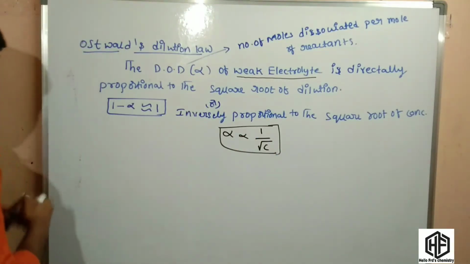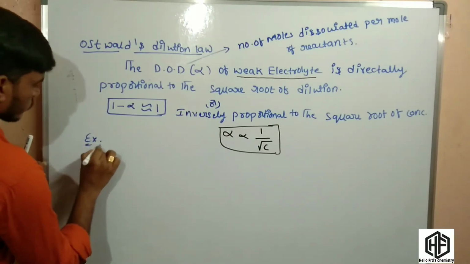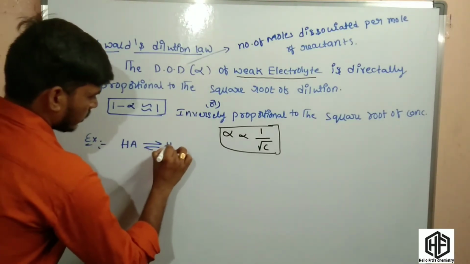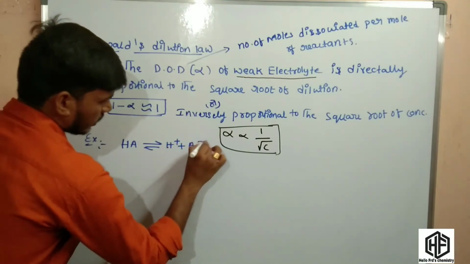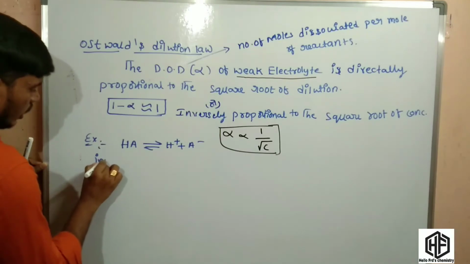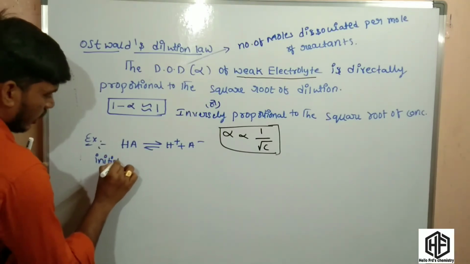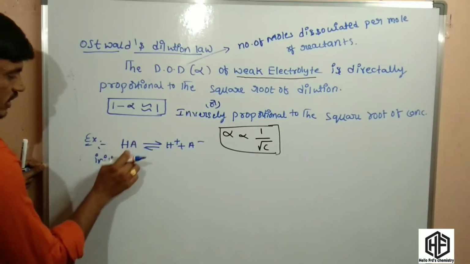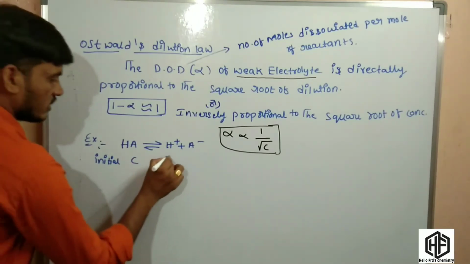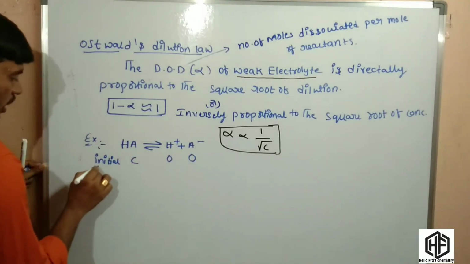Now one more example: HA gives H plus and A minus. I represent the concentration of the reactant as C, and the products are 0 and 0 initially.